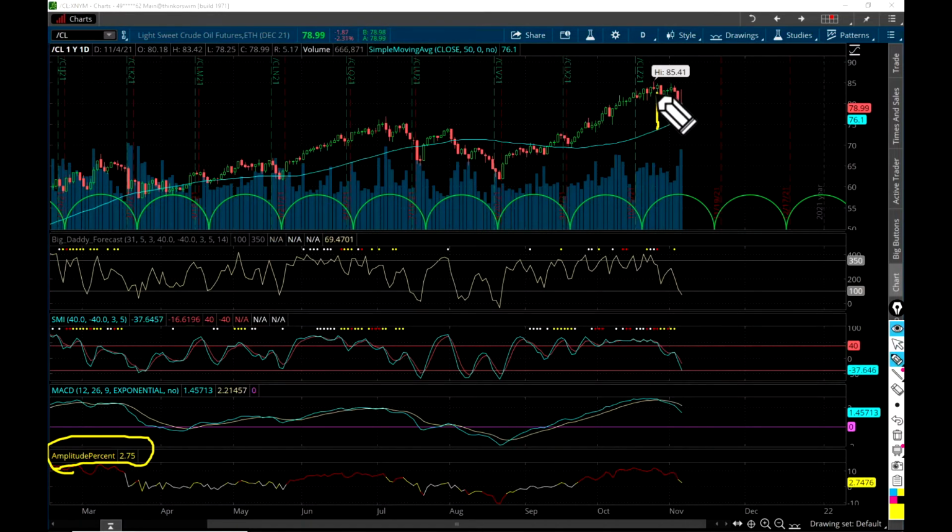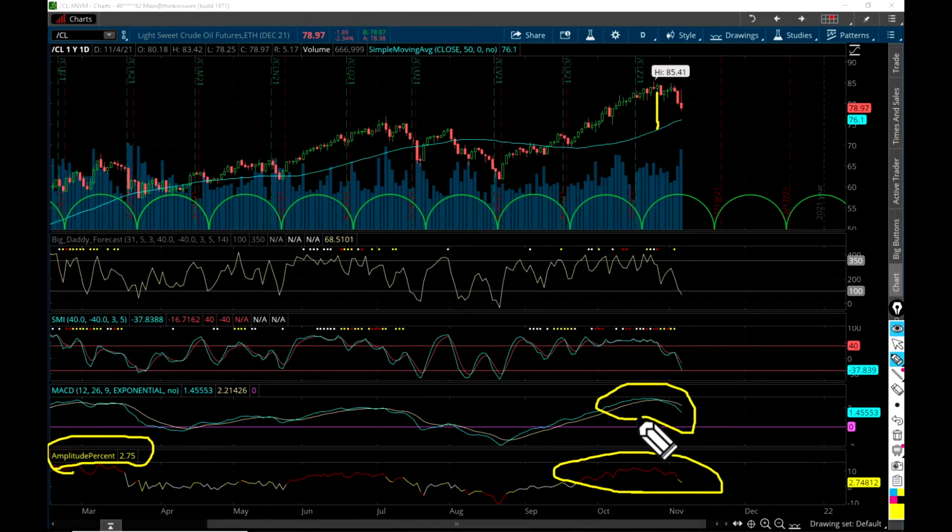You can see that there was a big gap between the 50-day moving average and the candlestick, right? Well, look down here, guys. Look at this indicator, red hot, saying that the amplitude, to be specific, is getting kind of high. The distance between the candlestick and the 50-day moving average is really high. So that's why you see this indicator down here is red hot, right?